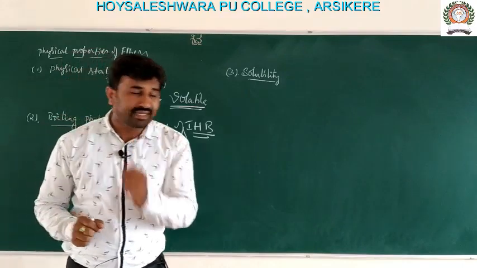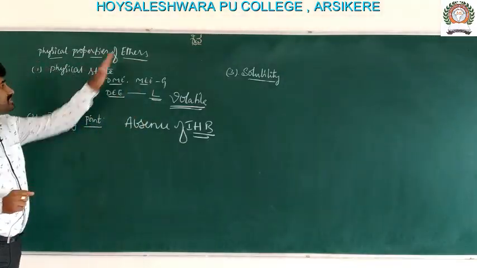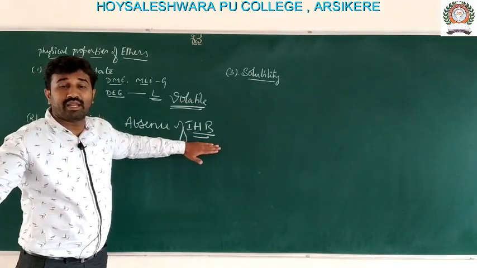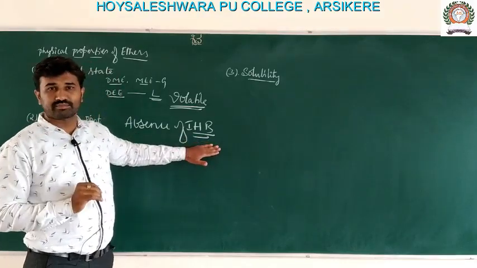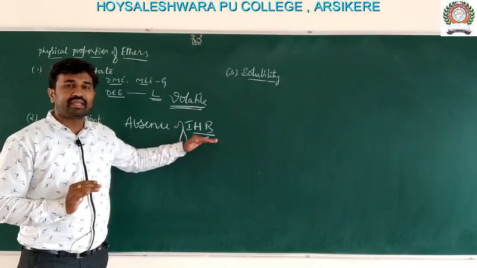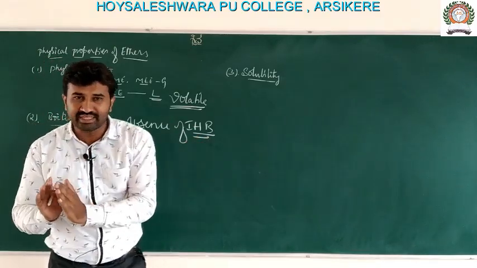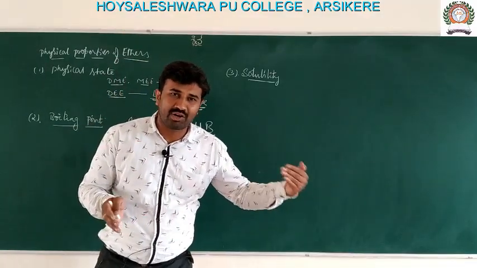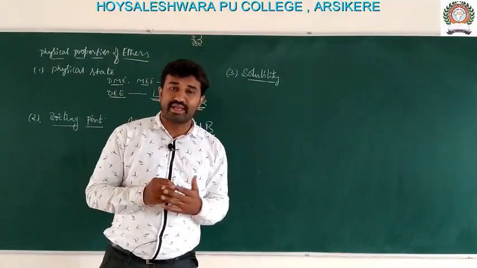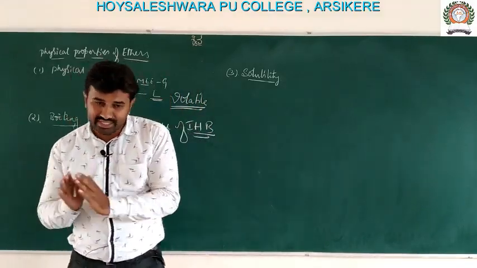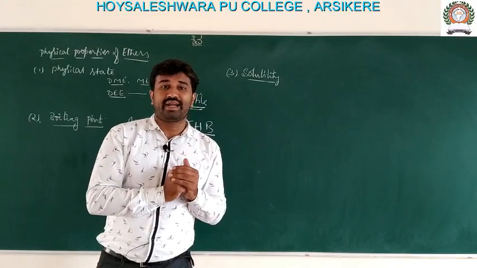But in case of ethers, hydrogen bonding is not possible. Why? In ethers, the hydrogen atom is not attached to an electronegative atom like oxygen, nitrogen, fluorine, etc. But in case of alcohol, the hydrogen atom is attached to the electronegative atom, oxygen.